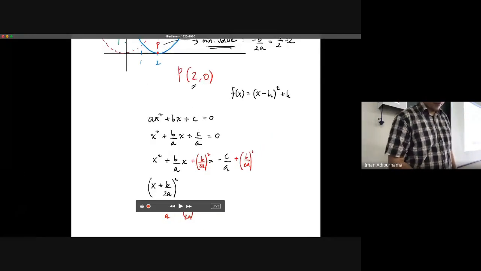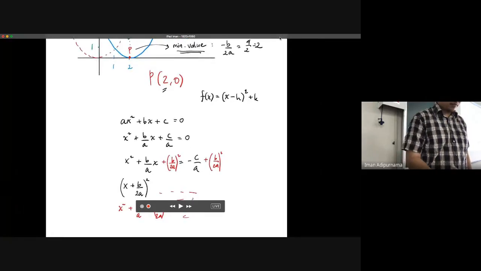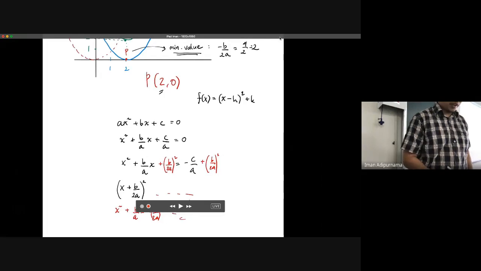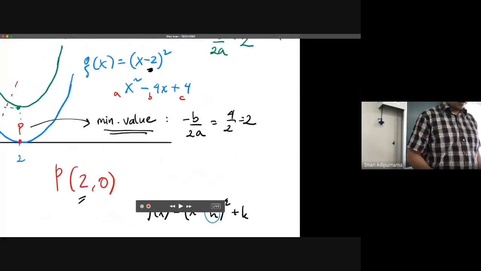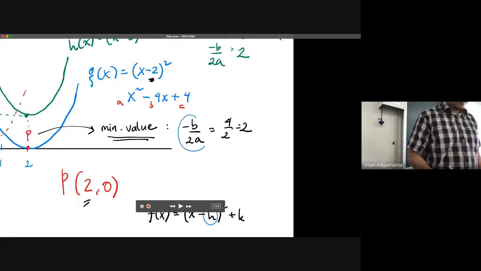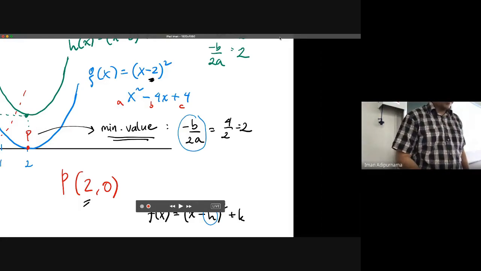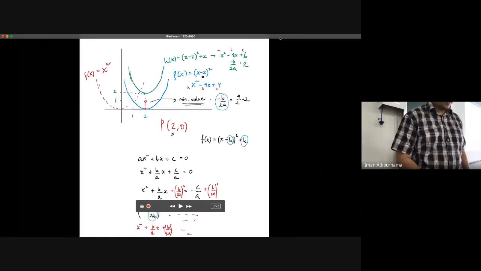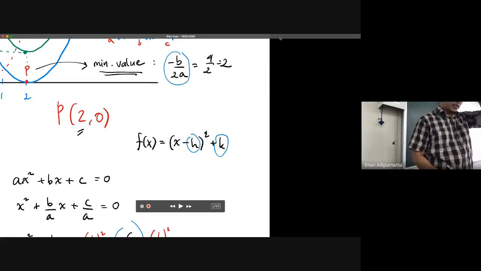Okay, and then you can continue writing down. So basically, the b over 2a here is actually our h. That's why, when we are trying to find the minimum value, it's the negative of b over 2a. And this plus k is actually our c over a. So you can also rewrite any quadratic function and find the minimum or maximum value through h.